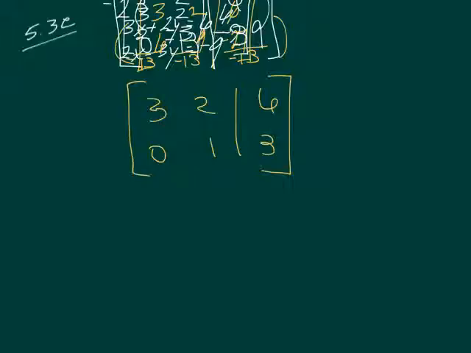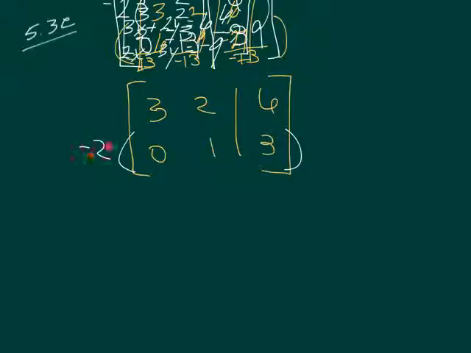Let's see. If I multiply row 2 by -2, only because I want to get this 2 here to be a 0. It's always nice if there's a 1 in the same column here, because then I can multiply it by its opposite.